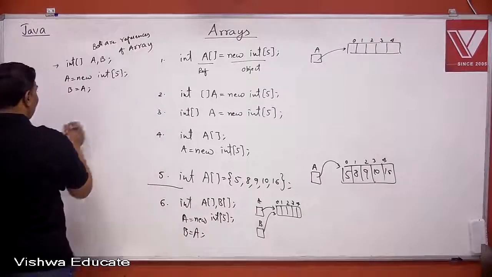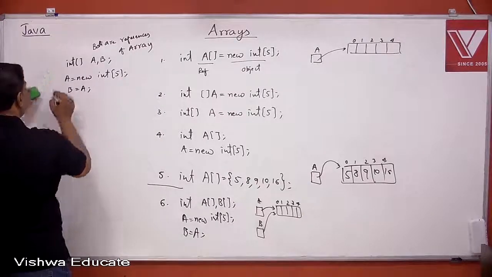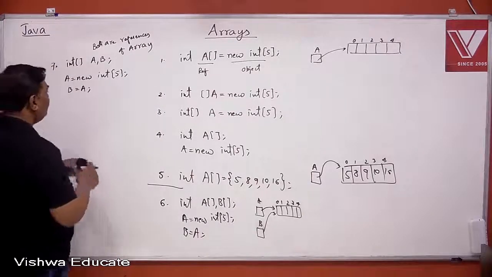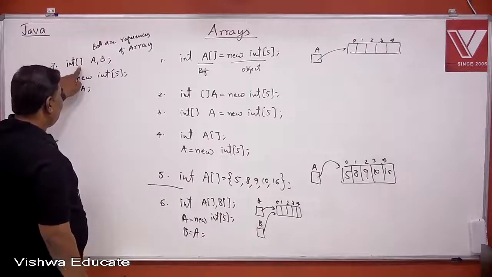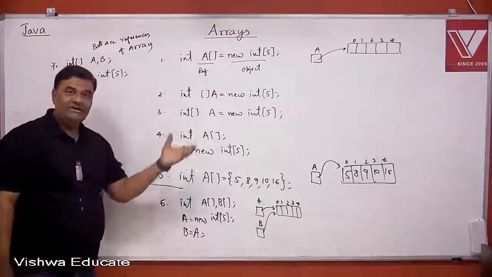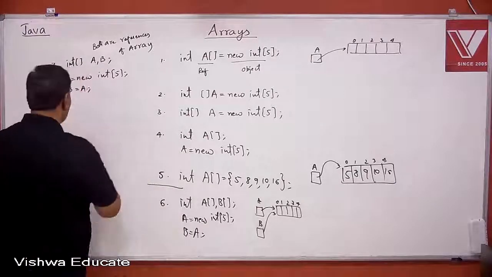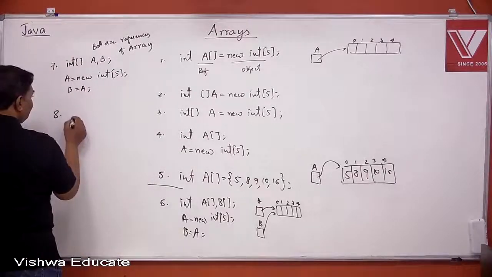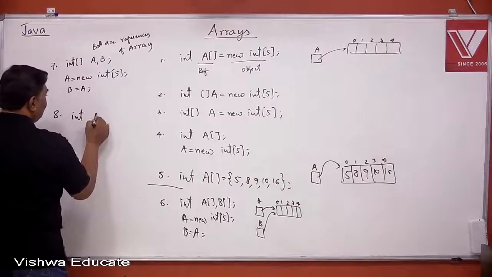Both are array references. So I'll make it as 7th one. See, integer array, A and B. So both A and B are integer arrays. 8. Integer A.